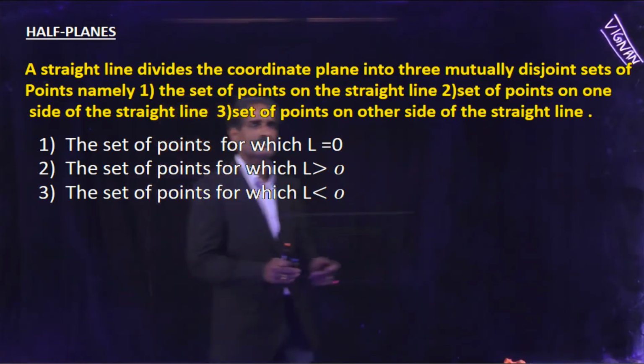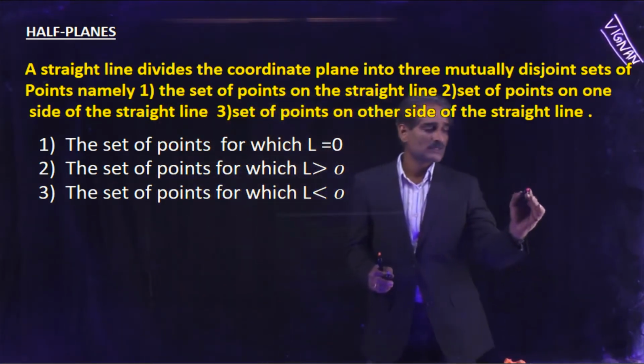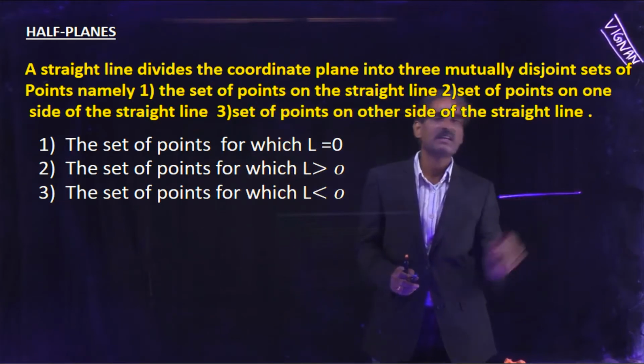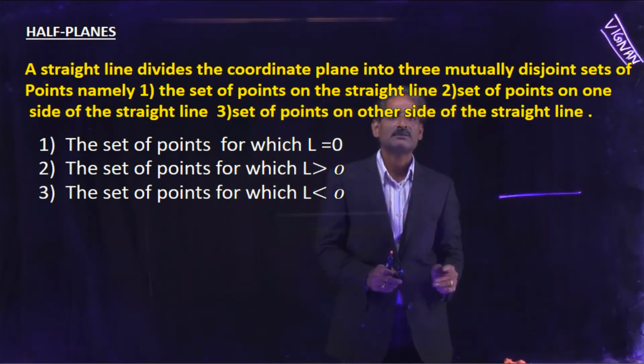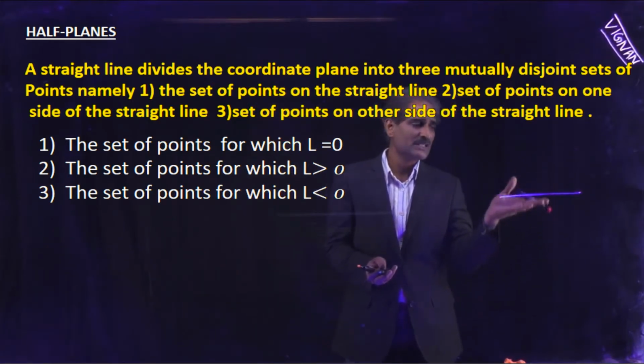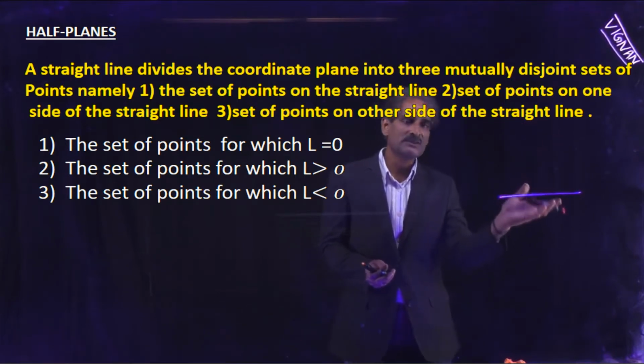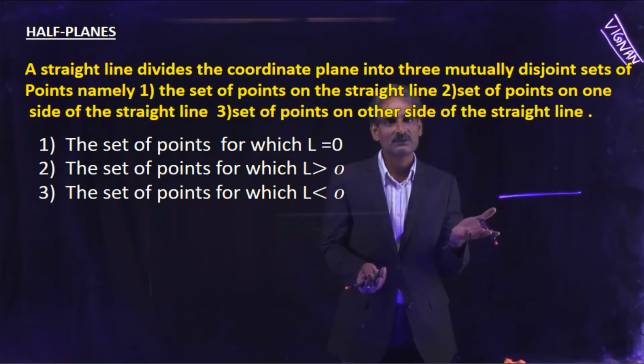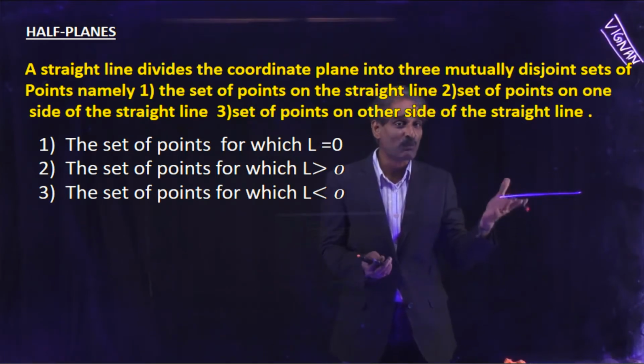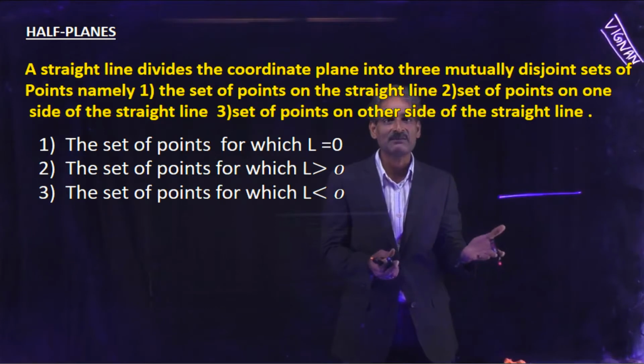If this is the line, there exist three cases. Some points lie on this side of the line, some points lie on this side, and some points lie on the line.